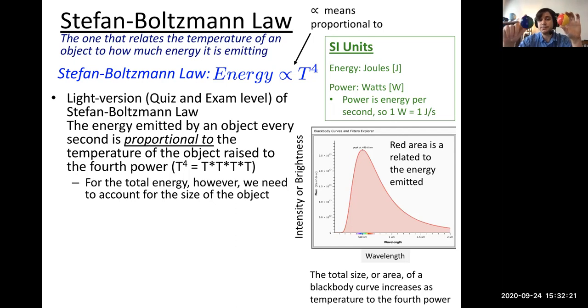I'm always thinking proportionally, so I'm going to go with how many times it got hotter and then apply Stefan Boltzmann's law to that. So 2 times hotter, and Stefan Boltzmann tells me that energy goes with temperature to the fourth power. 2 to the fourth is 2 times 2 is 4, times 2 is 8, times 2 is 16 times more energy. So if this ball is twice as hot as this one, it's emitting 16 times more energy.